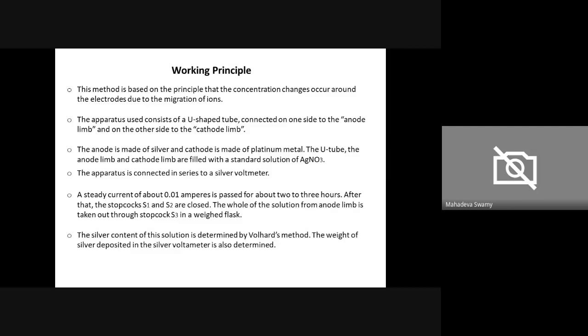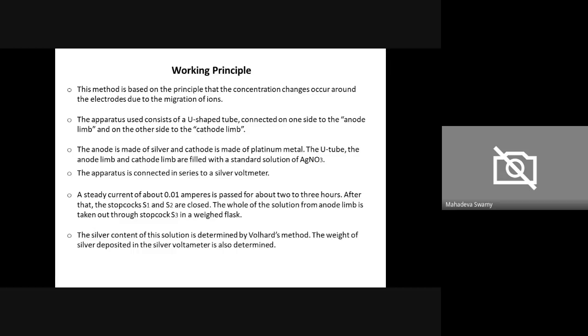The apparatus used consists of a U-shaped tube connected on one side to the anode limb, which you already know, and on the other side to the cathode limb. The anode is made of silver and the cathode is made of platinum metal. The U-tube, the anode limb and the cathode limb are filled with a standard solution of AgNO3.